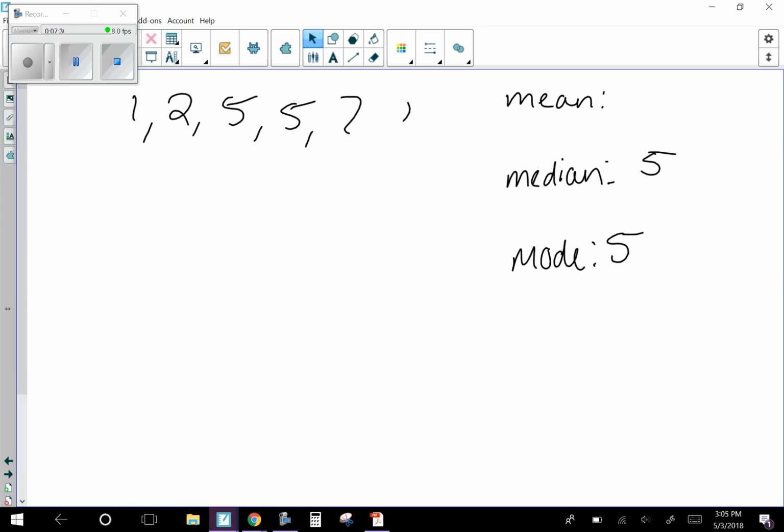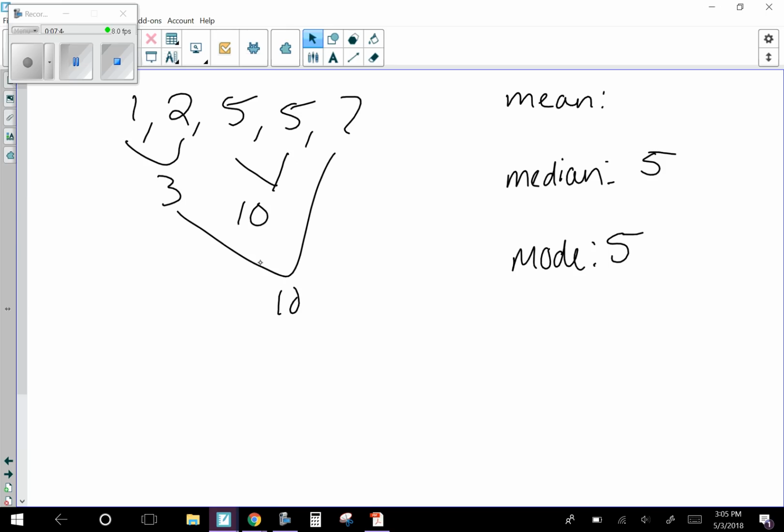Okay. To find the mean, I need to add it all up. Well, I know that 5 plus 5 is 10, and I know that 1 plus 2 is 3, and 3 plus 7 is 10. 10 plus 10 equals 20. I also could have just looked, because it said record at least 20 students.